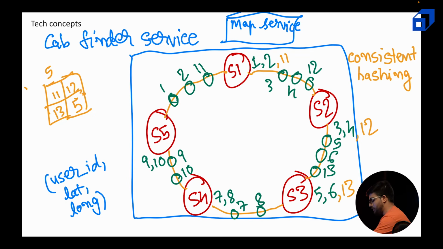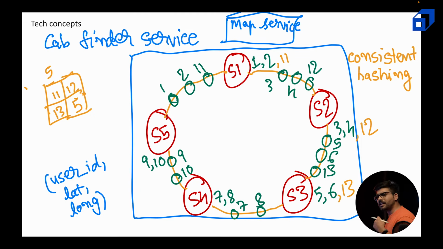Now the entire concept of the hash ring is in such a way that whatever chunks are there before a particular server, that server will cater traffic for those chunks. For example, between S5 and S1 there are 3 chunk IDs, so it will be the responsibility of S1 to cater the traffic in those chunks. Similarly, 3, 4 and 12 are between S1 and S2, so S2 will be responsible for that.